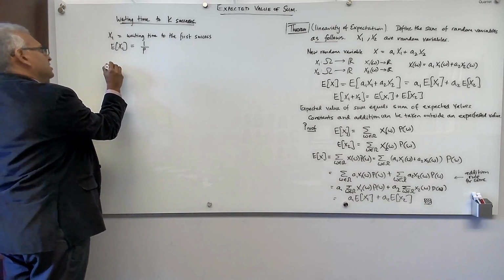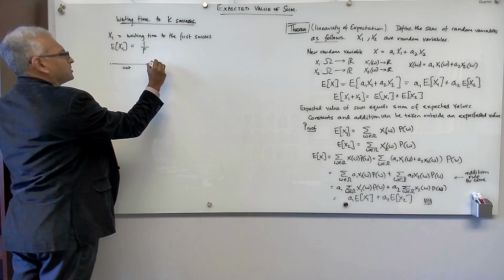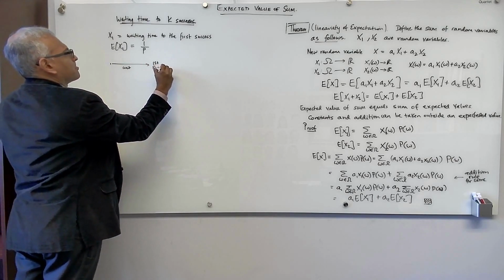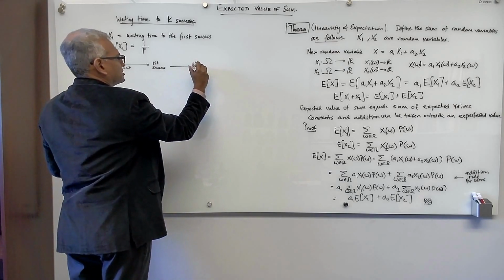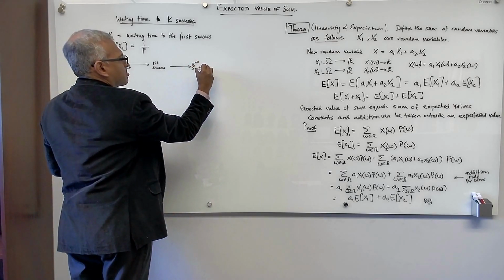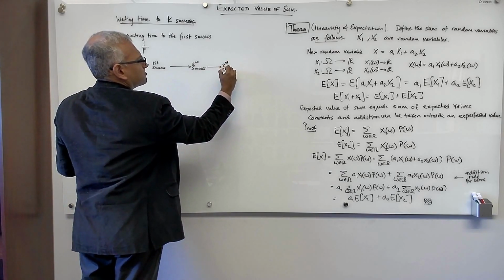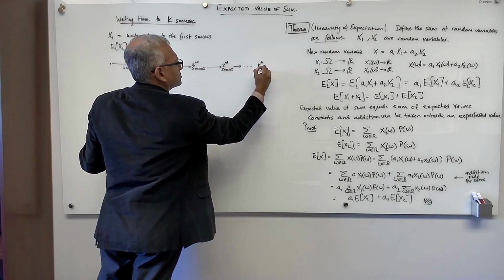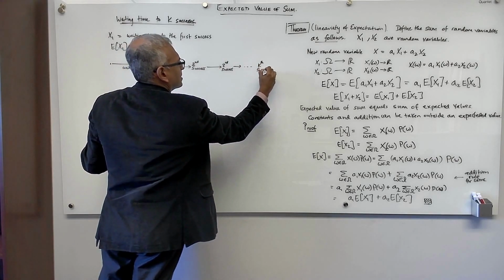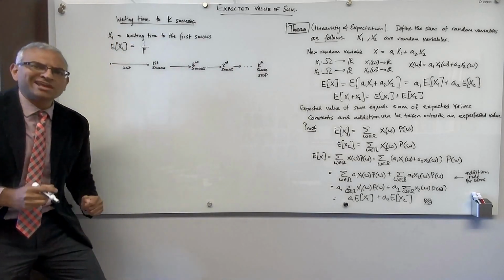So you start and then you wait, and you get your first success. Okay, and then you wait, and then you get your second success. And then you wait, and so on, your third success. And so on until you get your Kth success, at which point you stop. Okay, so that's the waiting process to K successes.